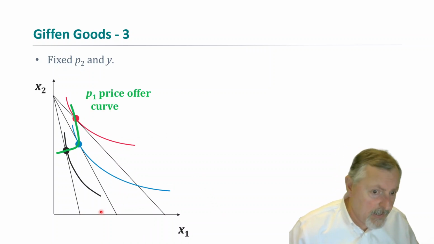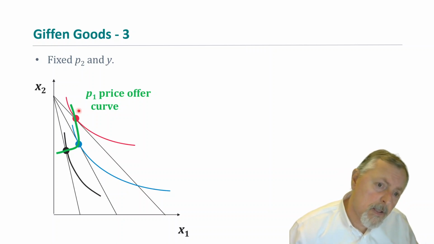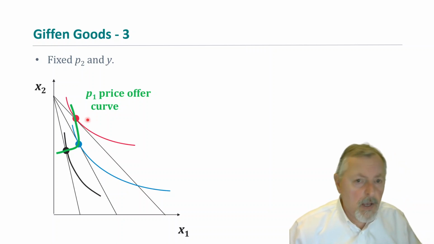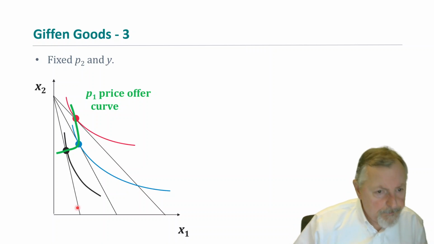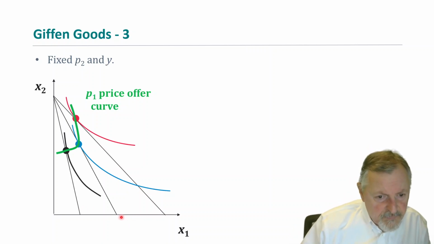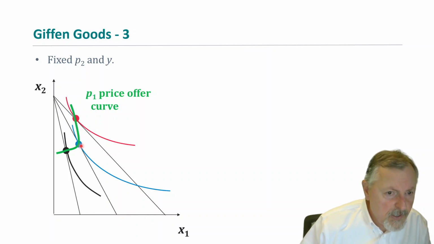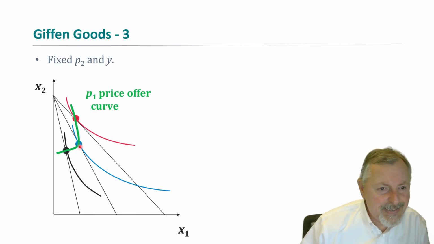You can see that at this part of the price offer curve, as the price of it goes up and the budget line swings in, from here to here, you actually end up buying slightly more of this thing. The blue dot is slightly to the right of the red dot.